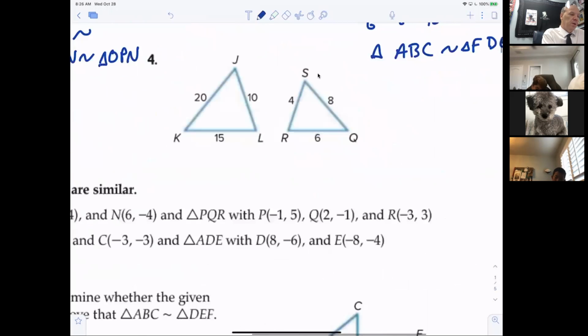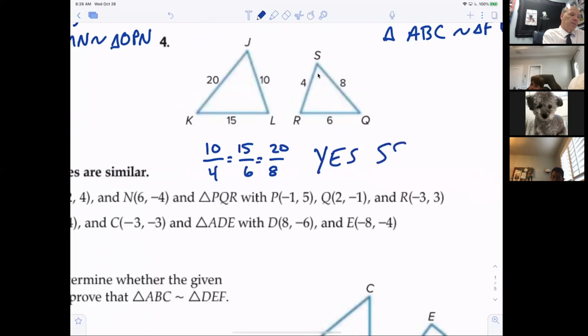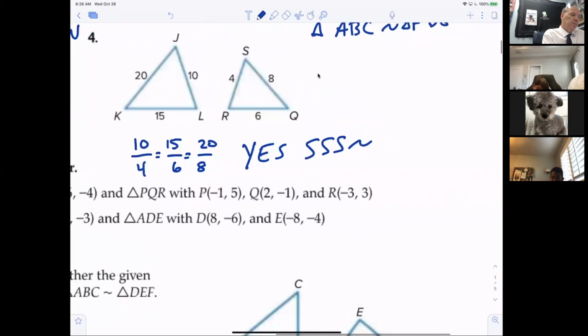Told you, very easy. Over here, small to large, 10, 15, 20. Small to large, 4, 6, 8. Now, are those the same? 5 halves, 5 halves, 5 halves. So yes, by side, side, side similarity.